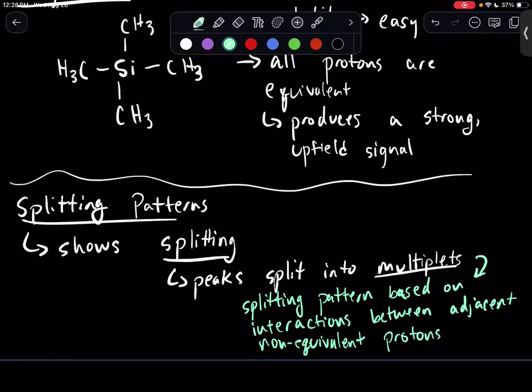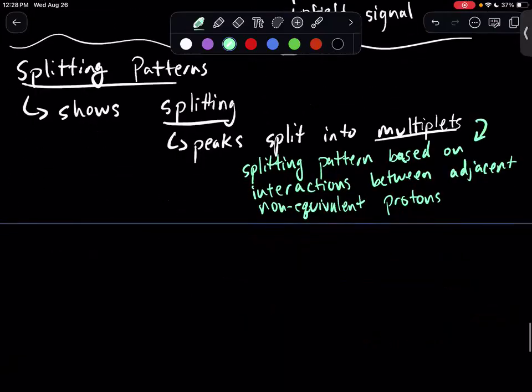So this basically is a big, very term-heavy way of saying that hydrogens on neighboring carbons will affect each other, causing that peak to, instead of being a nice smooth peak, split into these weird multiple peaks or multiplets.